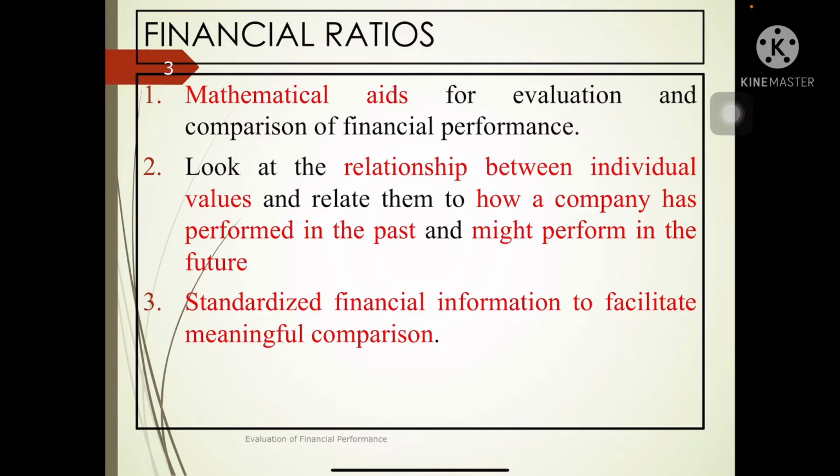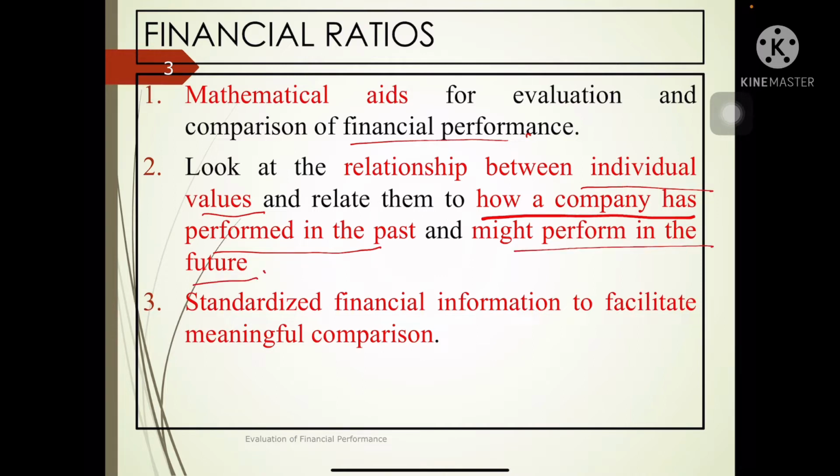All right, so financial ratios, what are financial ratios? They are the mathematical aids for evaluation or comparison of financial performance. So we are going to use the figures and the calculation. Number 2, we are going to look at the relationship between individual values and relate them to how a company has performed in the past and might perform in the future.